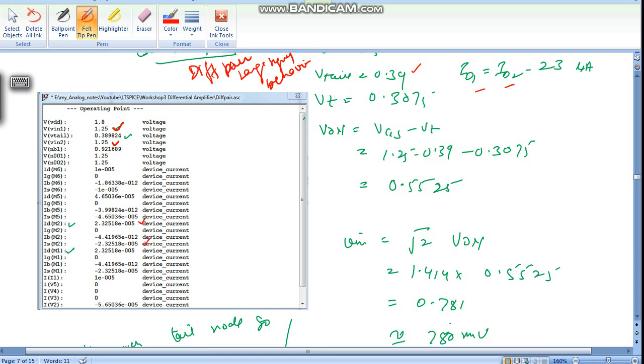microampere. Tail current is actually 50 microampere that we are taking, but because of channel length modulation it is only replicating, I think, 46 microampere. Let's see the tail current.